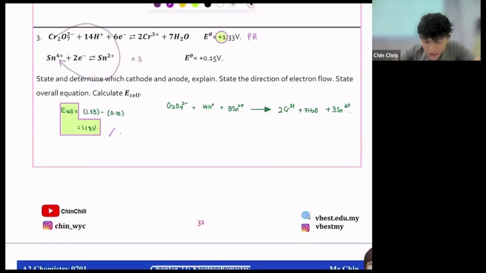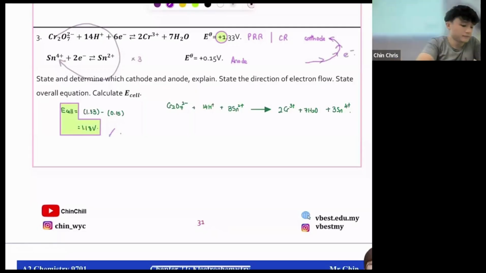So this is my PRR, and PRR is always cathode reduction. So this is my cathode, and this is my anode. So electrons flow from here. Done. Okay, so from anode to cathode, yeah, through the external wire. All right, guys, once done, next page.